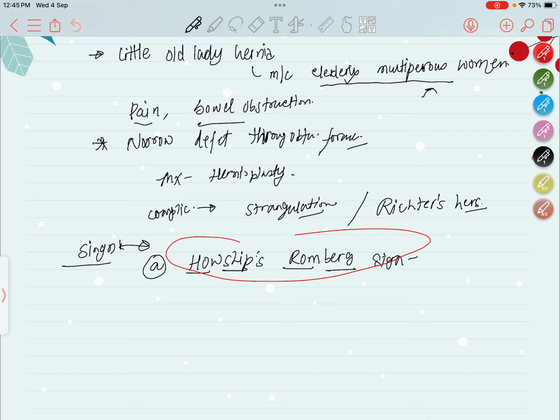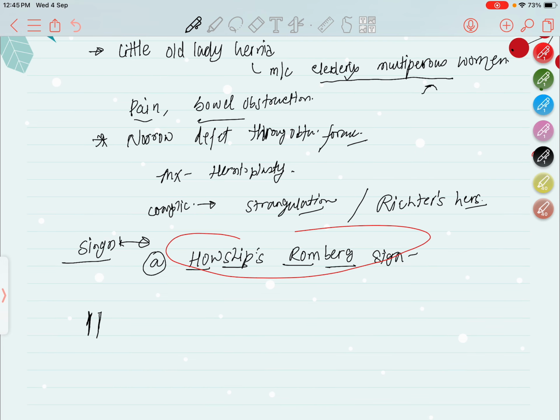What does it state? It states that there is shooting pain along the obturator nerve on abduction and medial rotation of the hip.